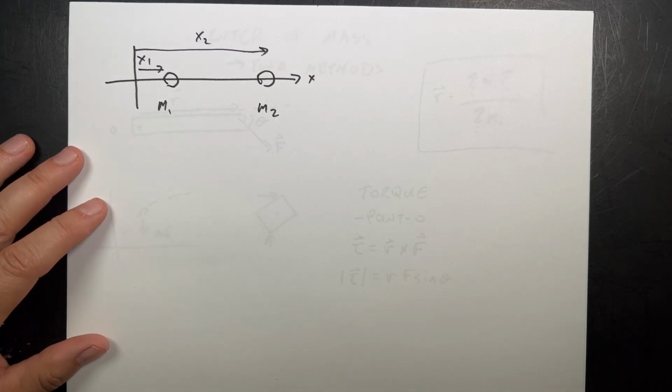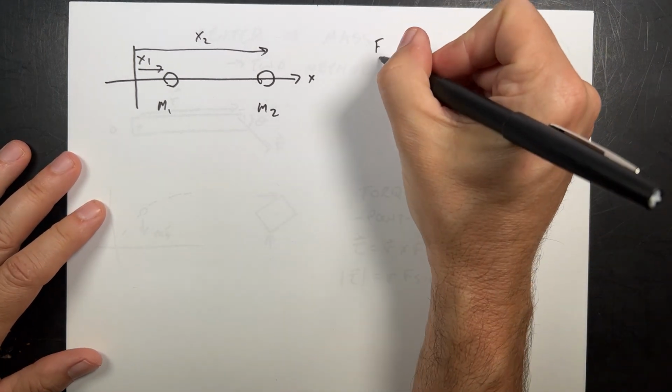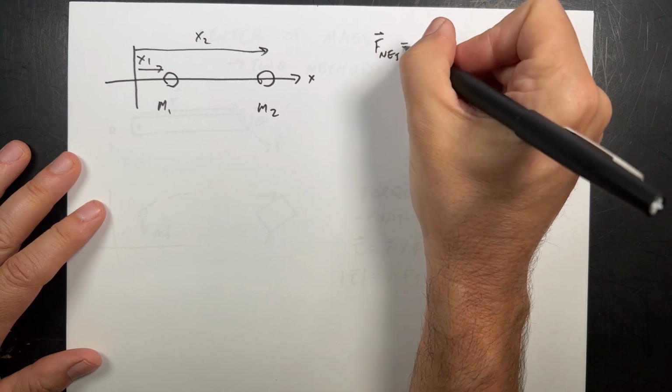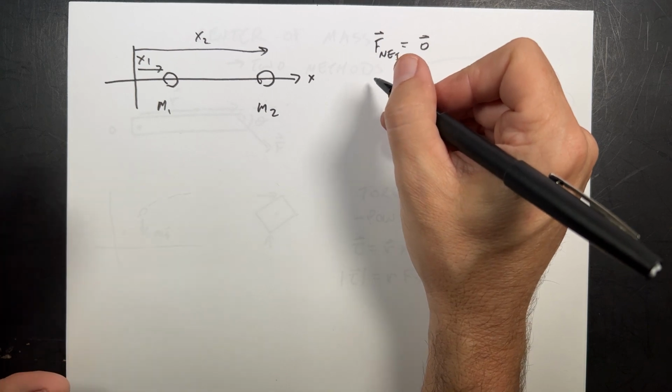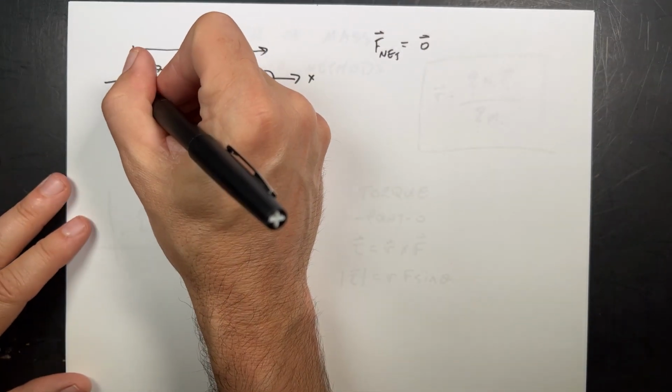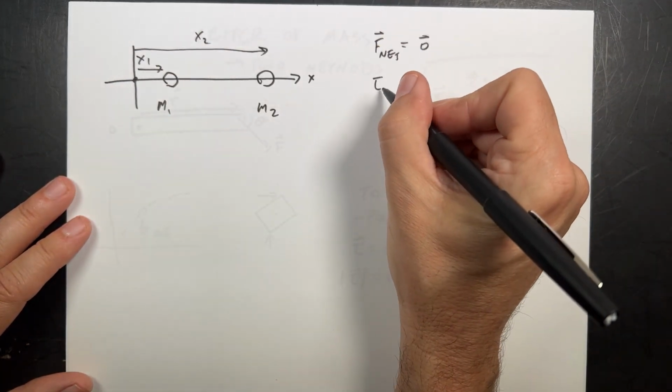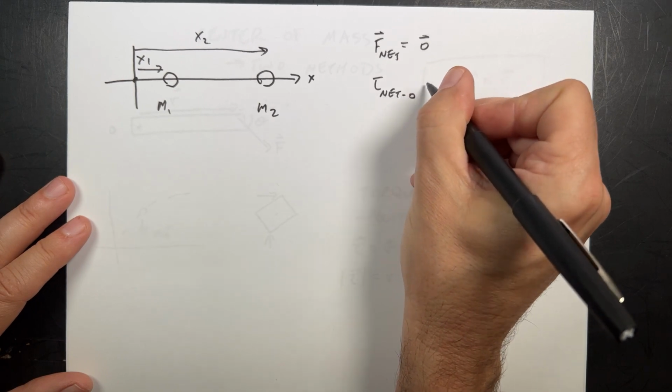Now suppose that I wanted to balance this object such that F net is equal to 0, in the x and the y direction. And let's just use the scalar version of torque. I'm going to say the net torque about point O is 0.